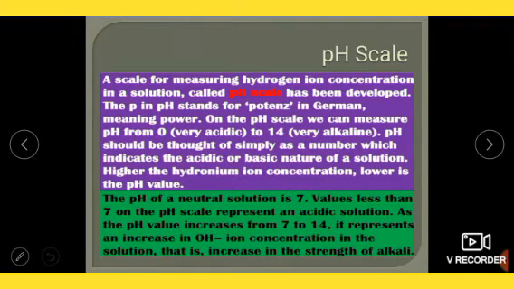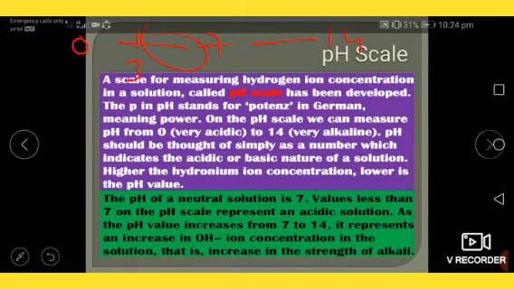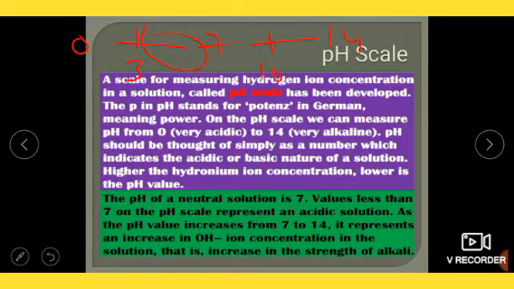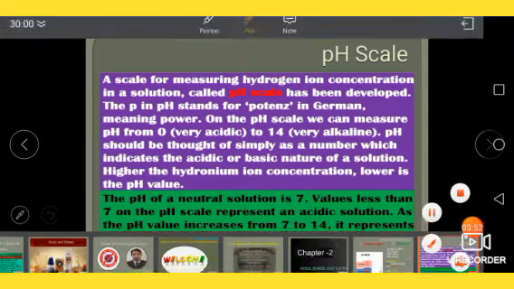It means 0 to 7 is acidic and 7 to 14 is basic, as you know very well. And 0 to 3 is strong acid, 3 to 7 is weak acid, whereas 7 to 10 is weak base and 10 to 14 is strong base. So this is the general measurement of the strength of acidity and basicity.